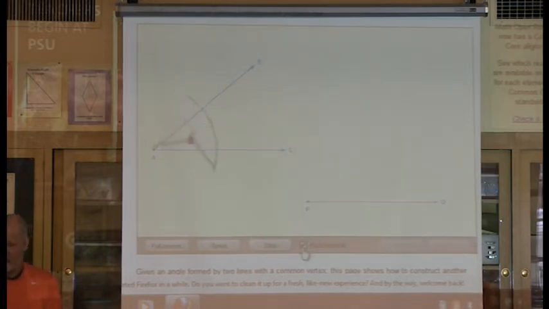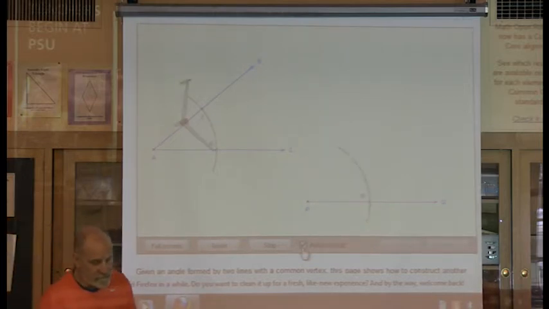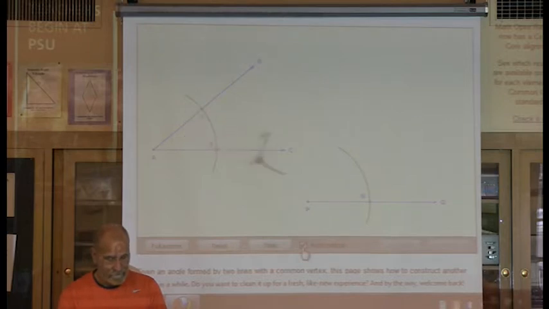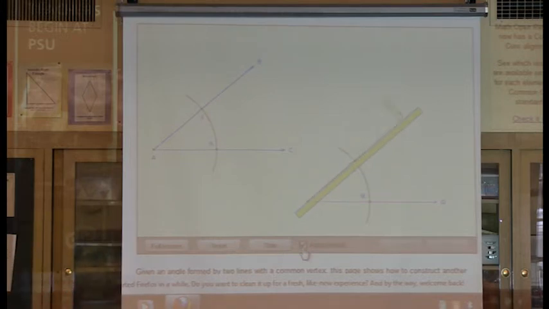Okay, so now you're going to take this and measure the length between here and here. You got that distance? Okay, so now this pointed part is going to go right here, and you're going to swing an arc from there.